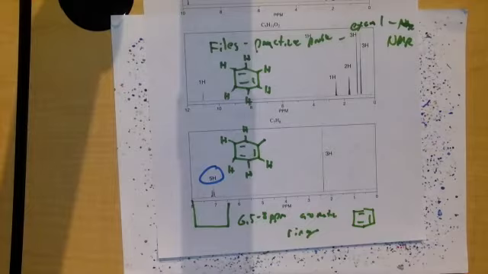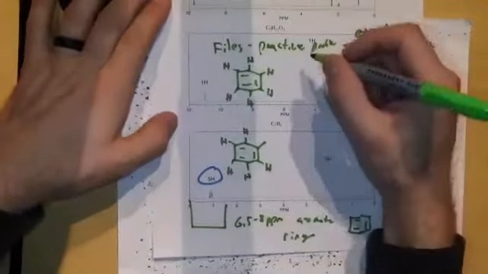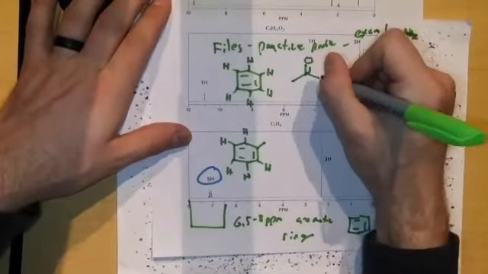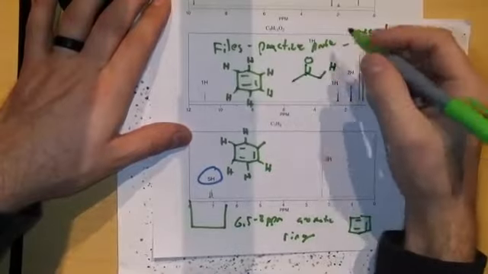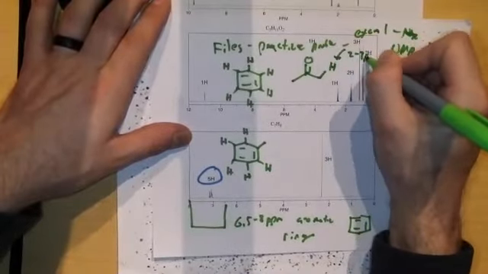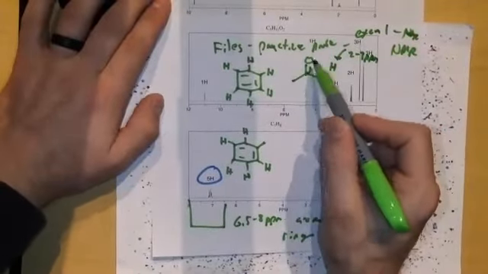All right, so from here, the other thing we have to consider is the ppm for things that are attached to our ring. If we think of a ketone, this H here, which is in the 2 to 3 range, is one position away from a double bond.